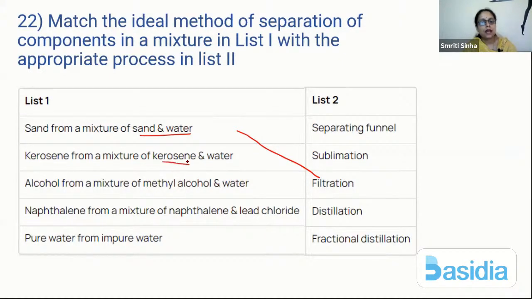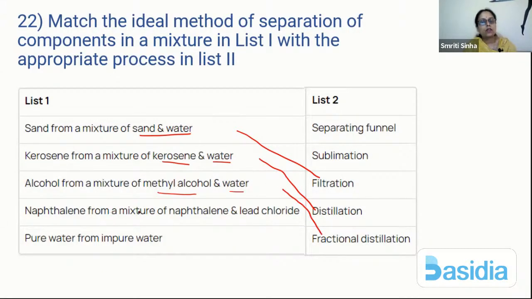For this, kerosene has a low boiling point, water has a high boiling point, so they can be easily separated by just the distillation technique. Next, alcohol from a mixture of methyl alcohol and water. So methyl alcohol and water can be separated by the fractional distillation technique.